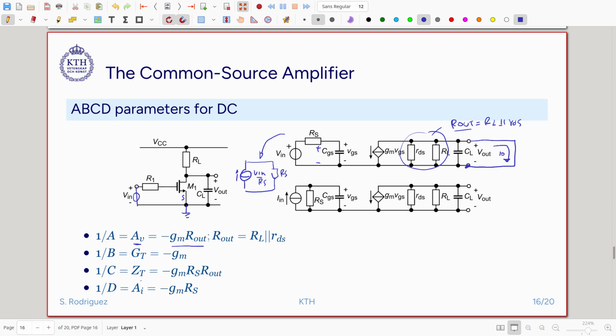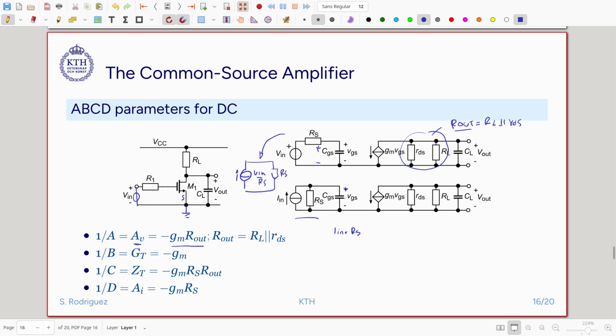For the transimpedance, 1 over C, it is output voltage divided by input current. Then it is much easier to use the following model here. For this model, we keep the output voltage open, and then we just follow the input. So it will be Ein times Rs.